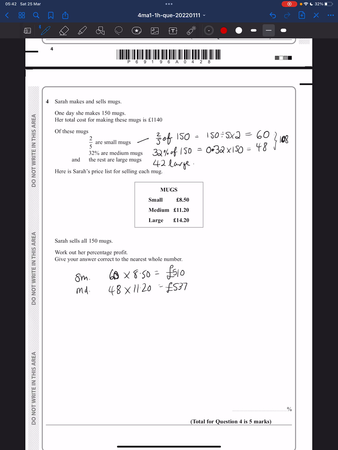Your calculator comes up as just 0.6, so remember to put the 0 on there. And then the large, 42 times 14.20, £596.40.